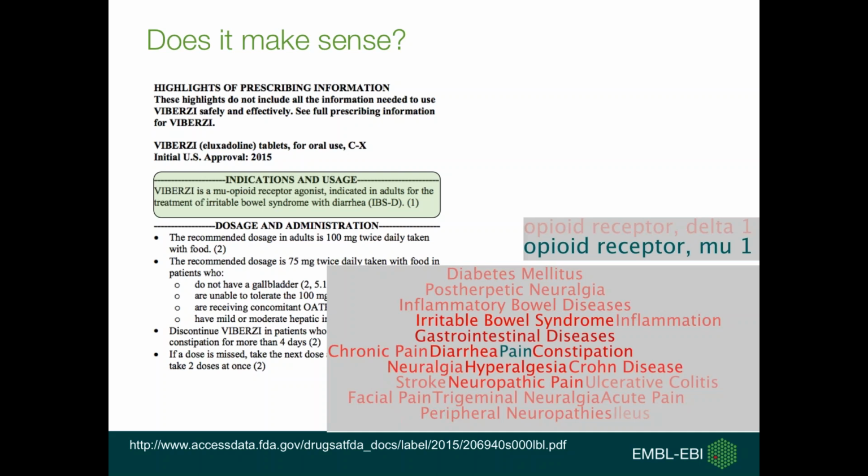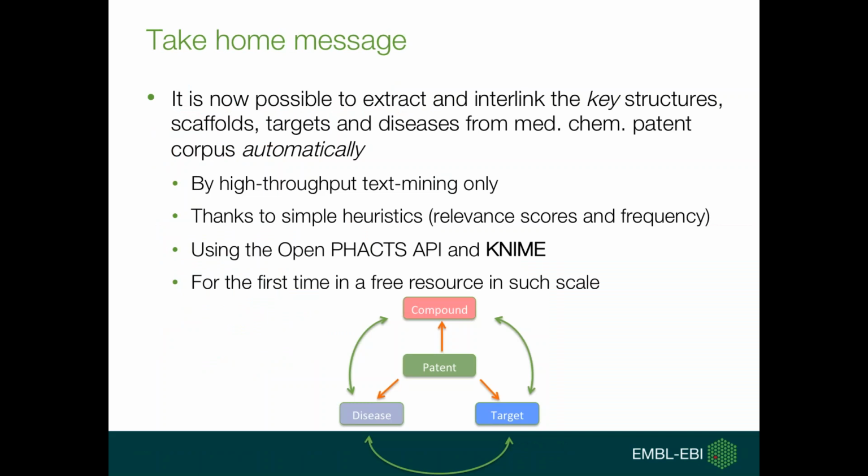So I guess the take-home message in this talk, as I'm reaching the end of my presentation, is that it is now possible to use the API and automatically extract and link the key structures and scaffolds, targets, and diseases that occur in the medicinal chemistry patent corpus.